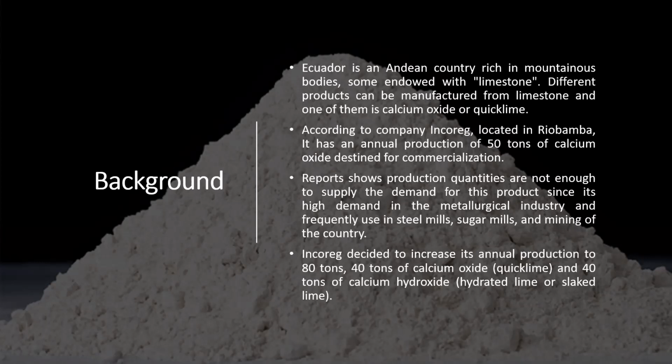This report shows that production quantities are not enough to supply the demand of these products, since quicklime has a high demand in the metallurgical industry. They decided to increase annual production to 80 tons: 40 tons of calcium oxide and 40 tons of calcium hydroxide. Next one.